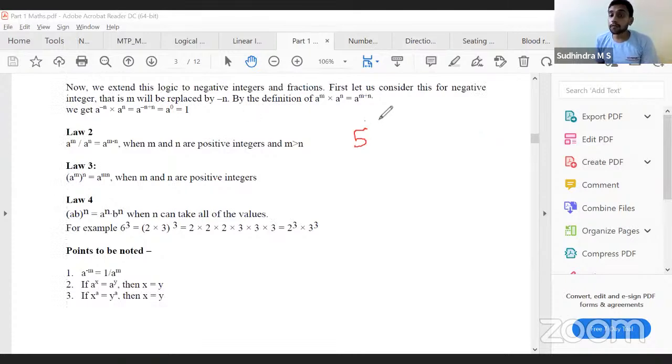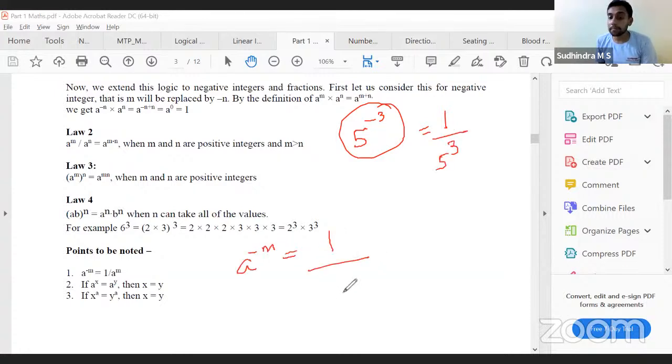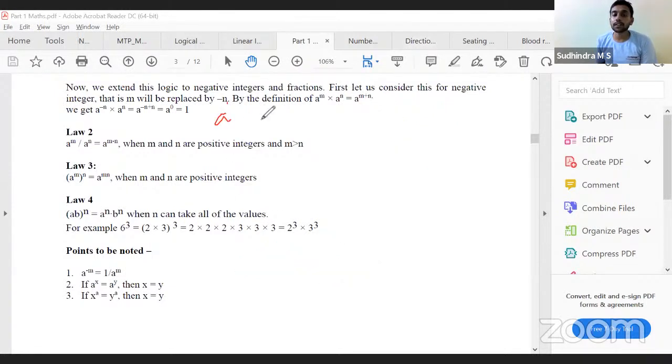5 to the power of minus 3 can also be written as 1 divided by 5 to the power of 3. So a to the power of minus m can be written as 1 by a to the power of m. Now, if a to the power of x is equal to a to the power of y, if bases are the same and we are getting the equation, then the powers should be the same.